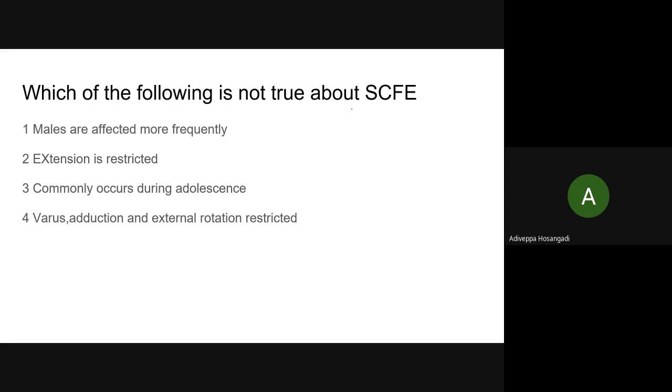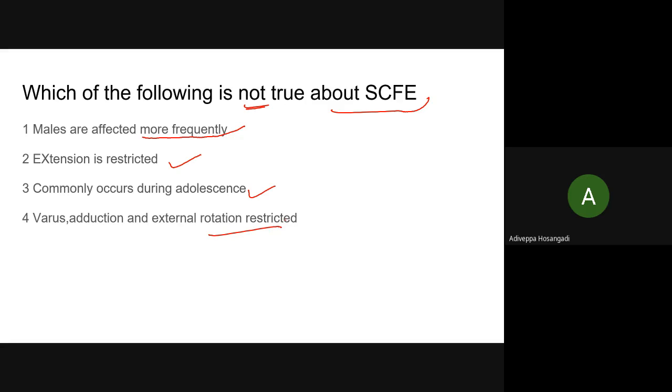So we'll go to slipped capital femoral epiphysis. Which of the following is not true? Males are more frequently affected. Extension is restricted. Commonly occurs during adolescence. Varus adduction and external rotation restricted.